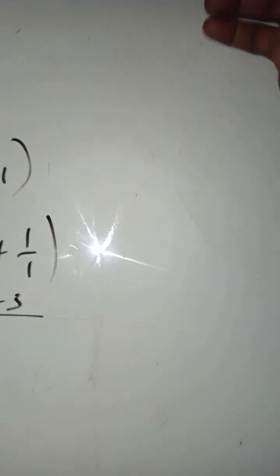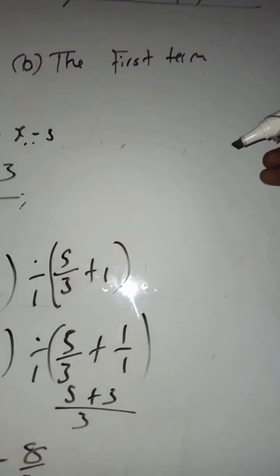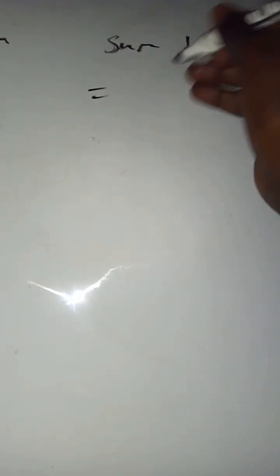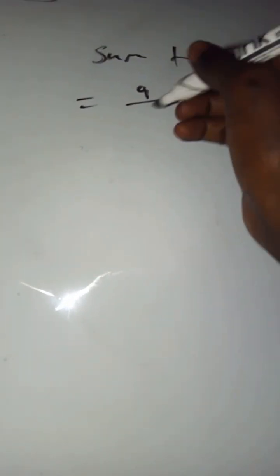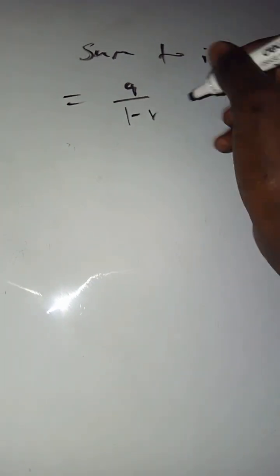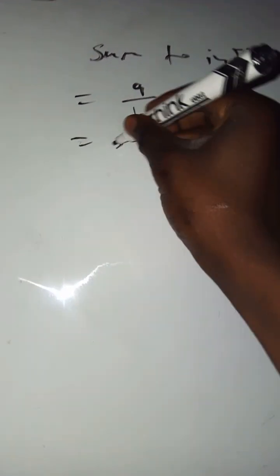Okay. Now the formula is this. We are finding the sum to infinity, which is a over 1 minus r. In short, this means a dividing by 1 minus r.